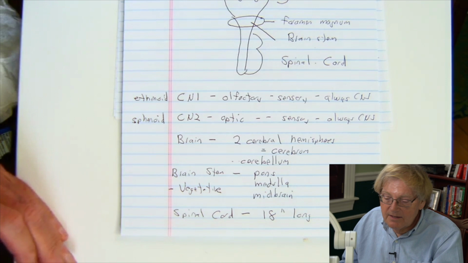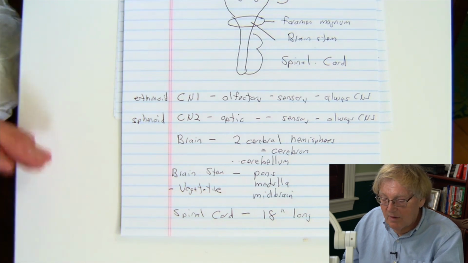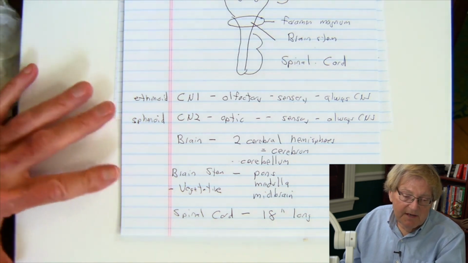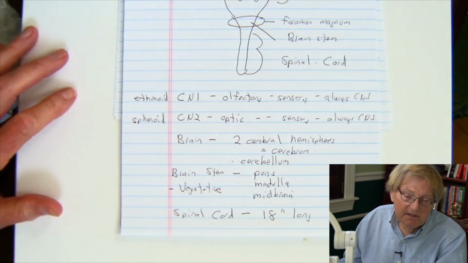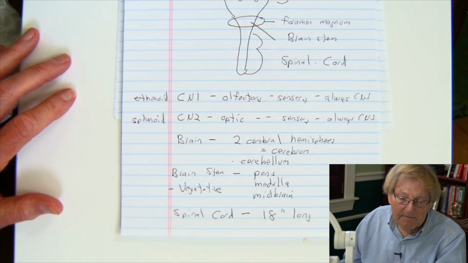Before I move on to the peripheral nervous system, I just want to tie up some things that I think are significant to know, that are high points of material that's inside of the book.